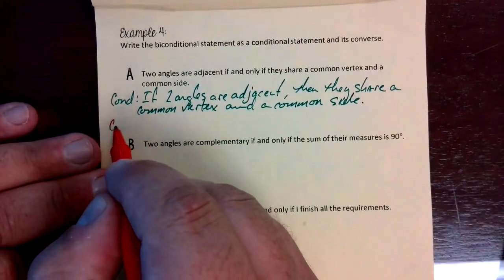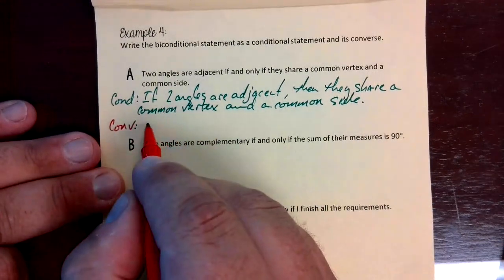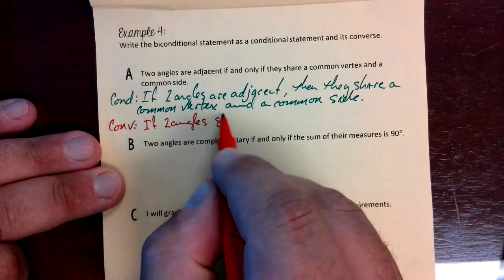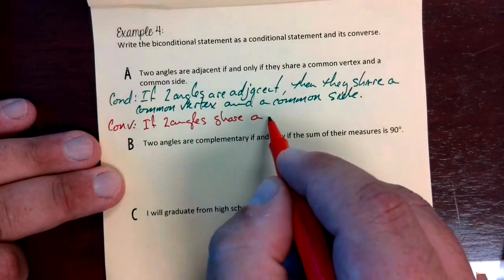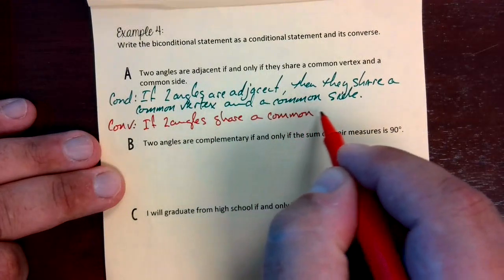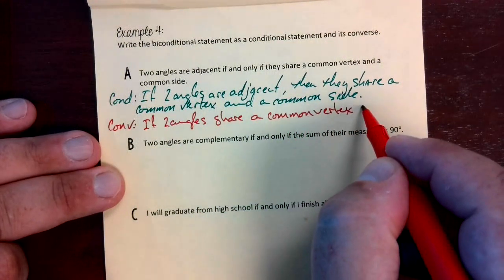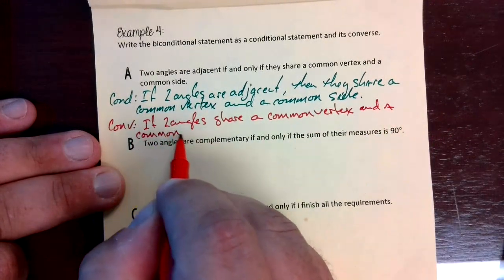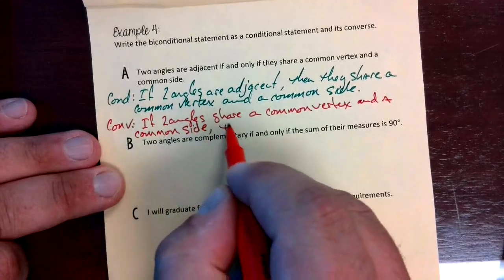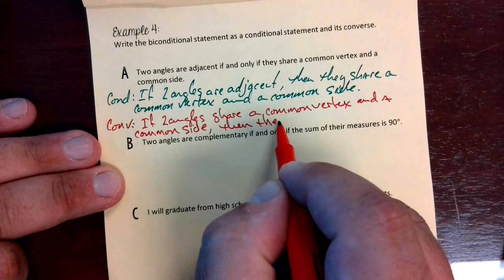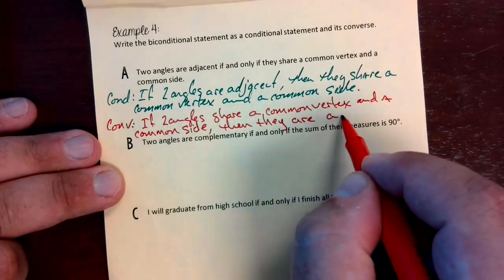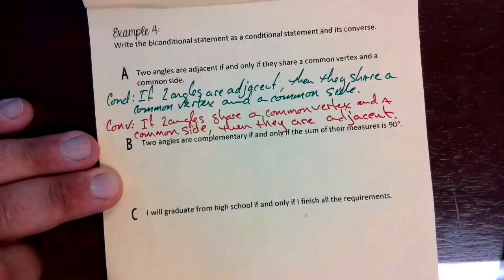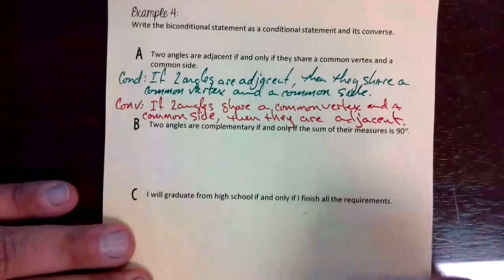The converse, just like what we did yesterday, I just take this and flip that around. So if two angles share a common vertex and a common side, then they are adjacent. That's just how we do that. Same thing as yesterday where I just take those and flip them around.